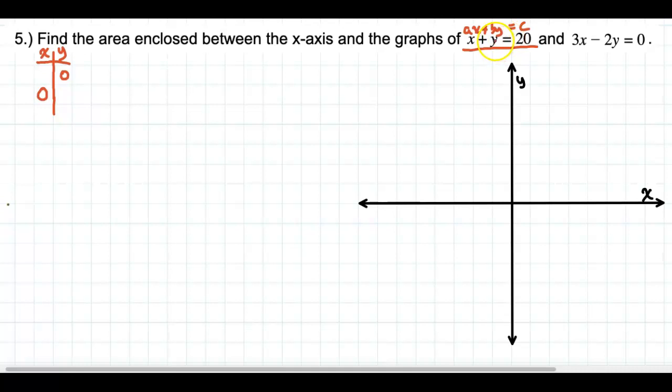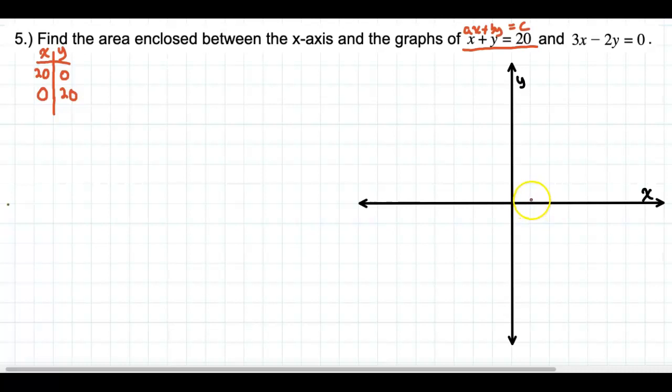If I substitute 0 in for y, then we know x is going to be 20. And if I substitute 0 in for x, then y is going to be 20. Which makes me think that maybe I should go by 5s here. Okay, so let's see.